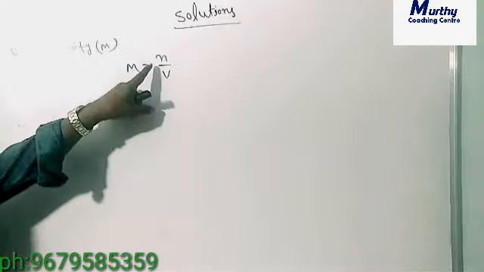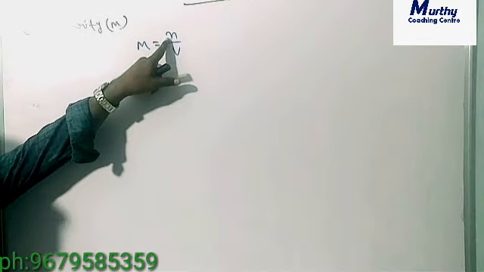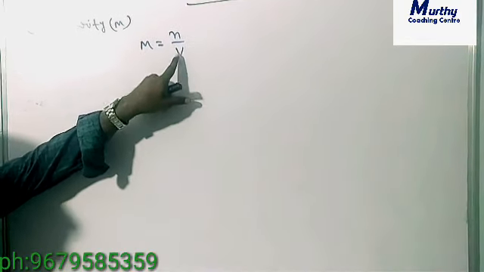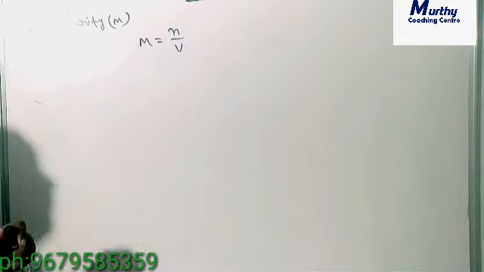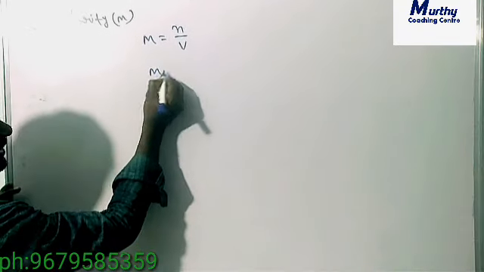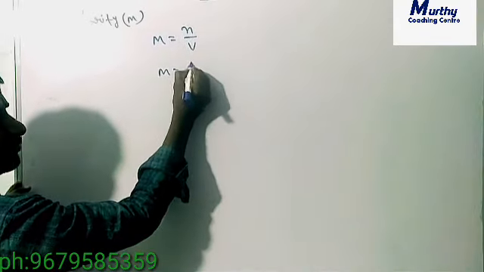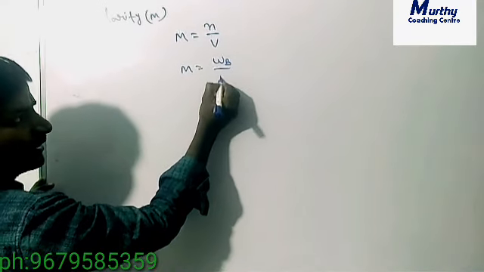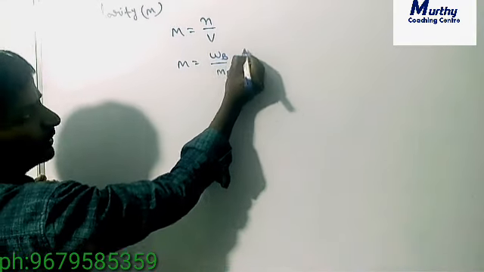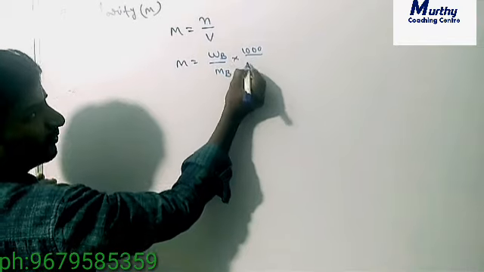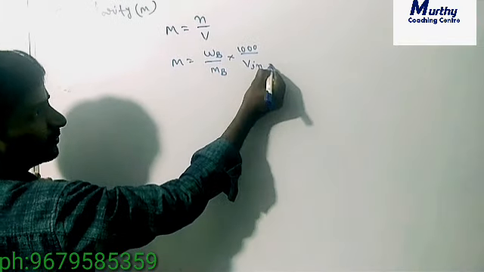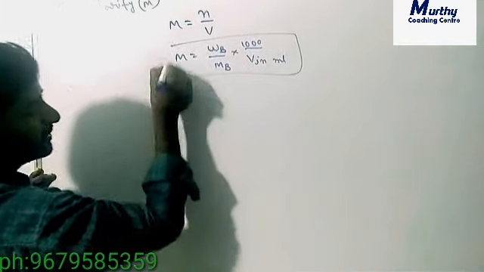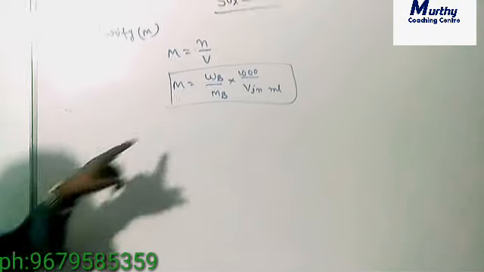So if they ask you to define molarity, we can write that. We can expand the number of moles: M = WB by MB into 1000 by V in ml. This is the formula of molarity.